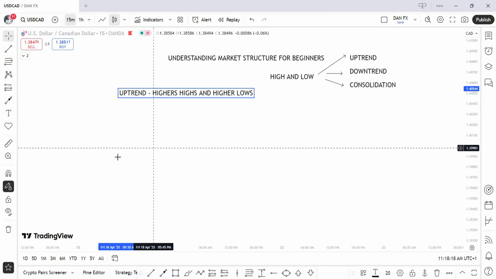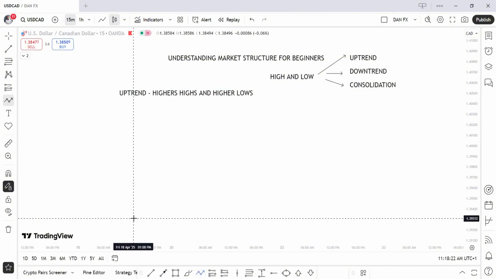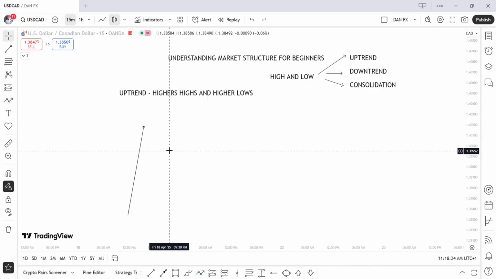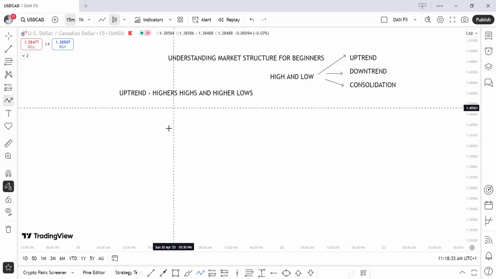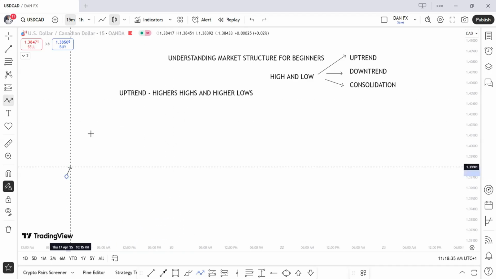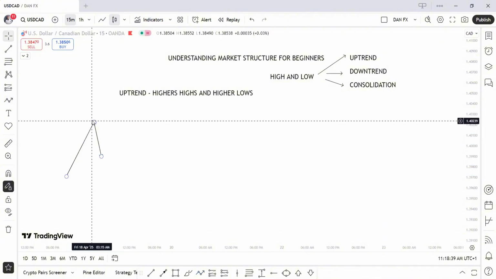Let me explain what that looks like. Like I said before, the market doesn't just move up like a rocket. It goes in steps, gradually and slowly. So higher highs and higher lows. What is a high and what is a low? Whenever price goes up and comes down like this, that is a high.